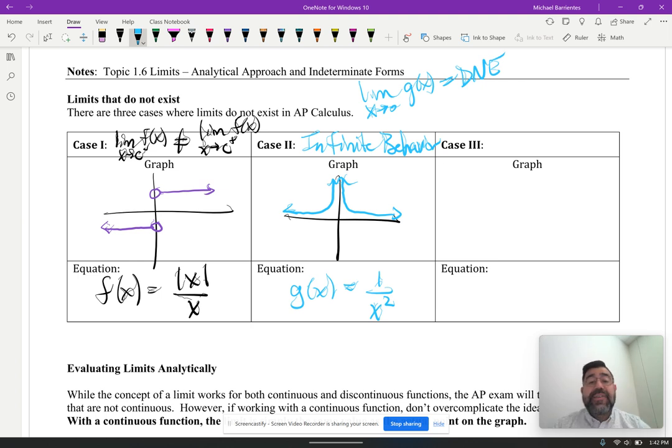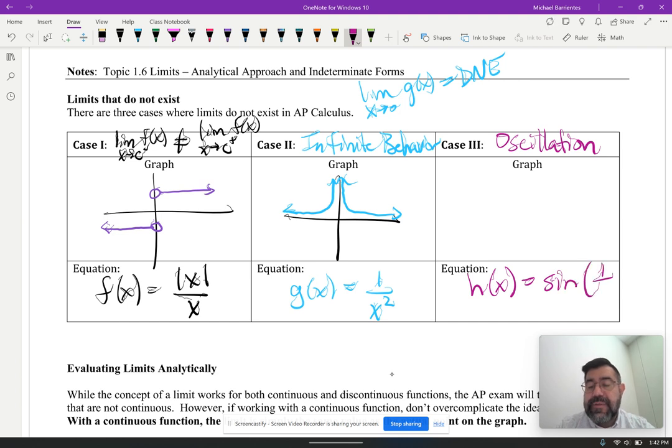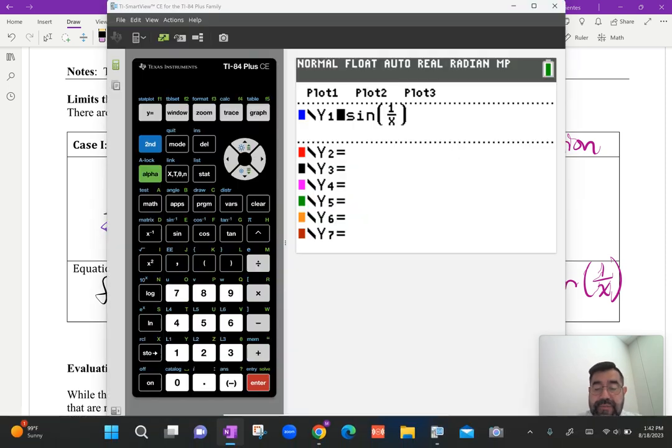And then the third case we talked about was because of oscillation. And I want to show you a graph of a function that will definitely show us this around x equals 0. So I'm going to graph this function, and I think you can see it when I switch over to the calculator.